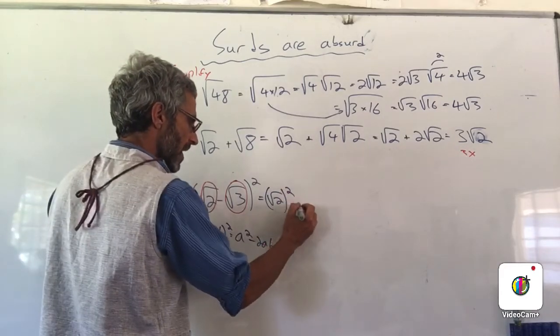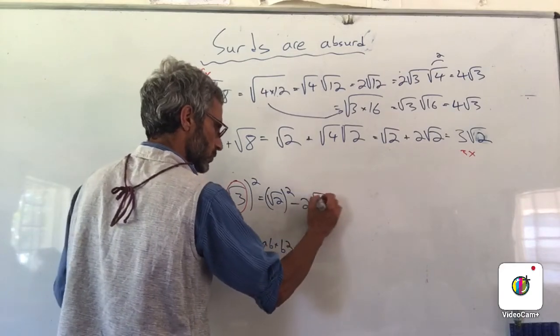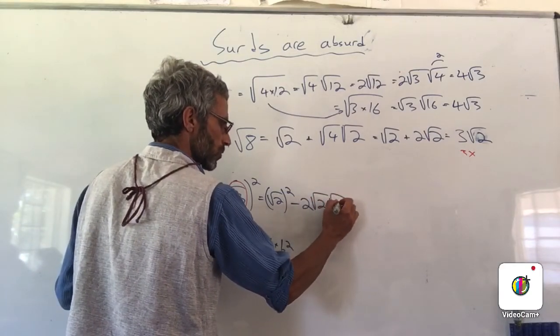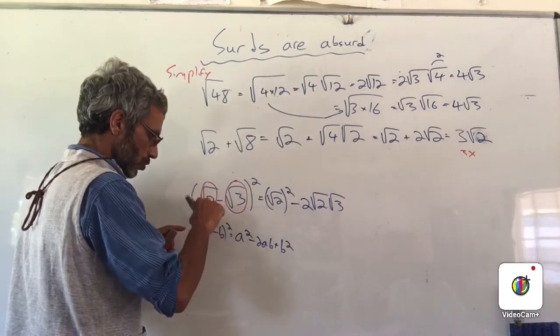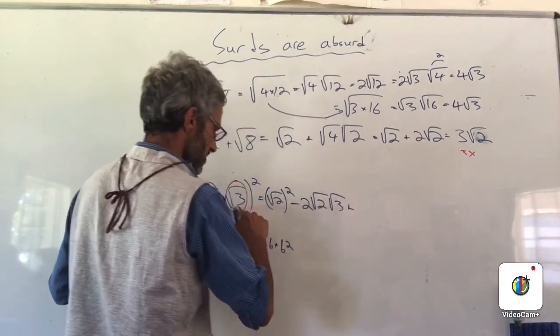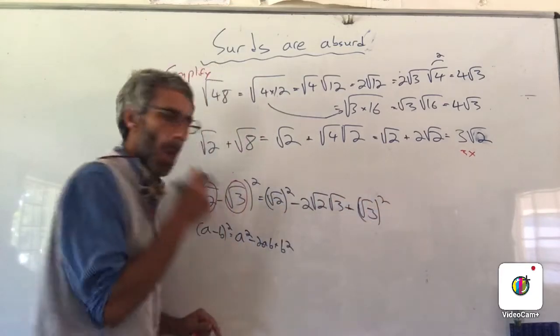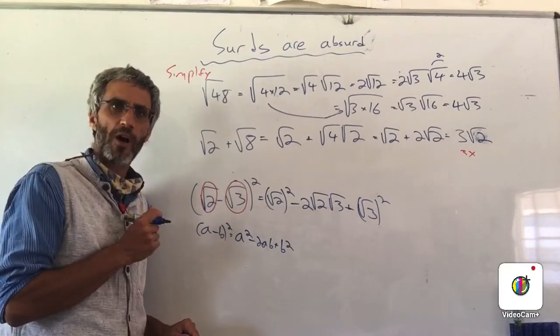Then we say minus 2ab, so minus 2 times square root 2 times square root 3, minus 2 times a times b. Plus b squared, that's square root 3 squared. Are we happy so far?